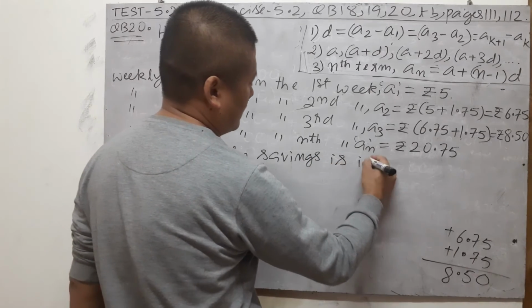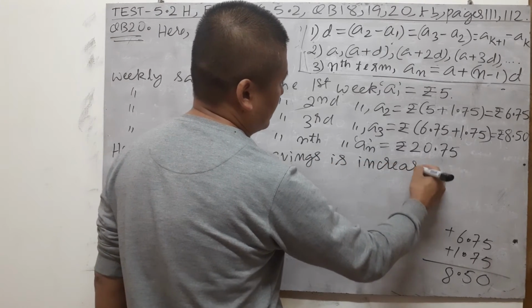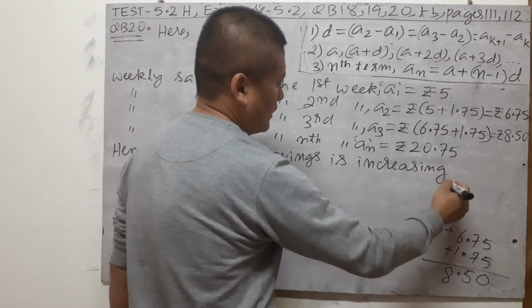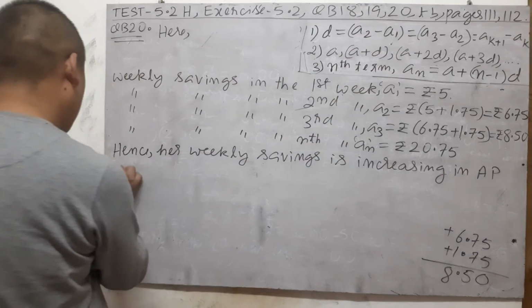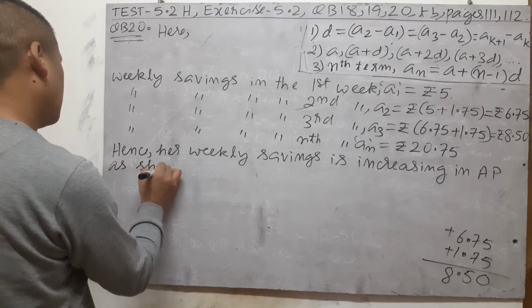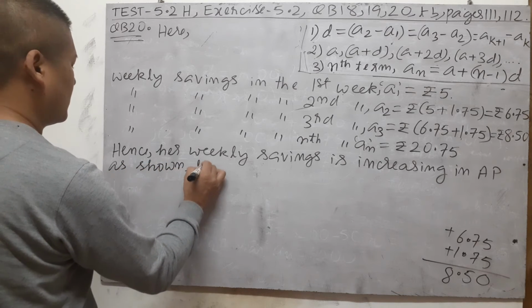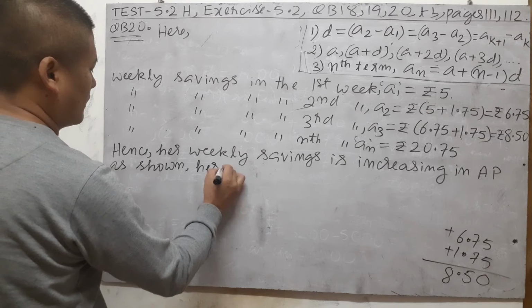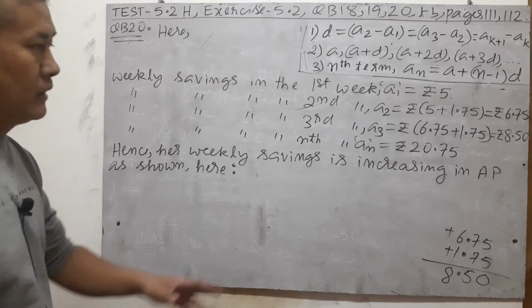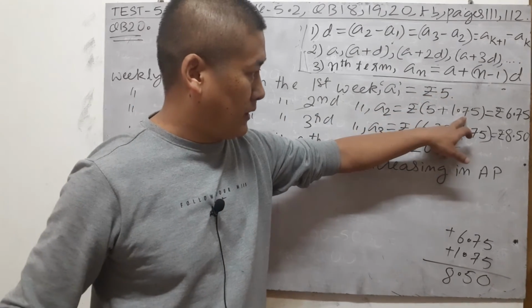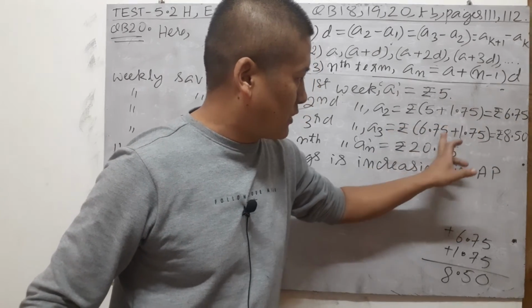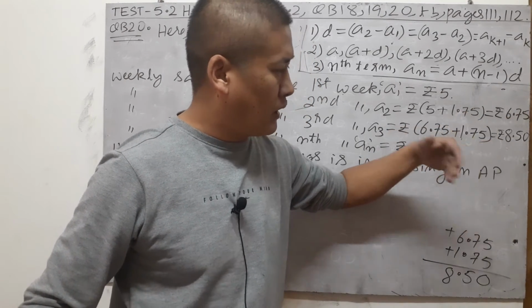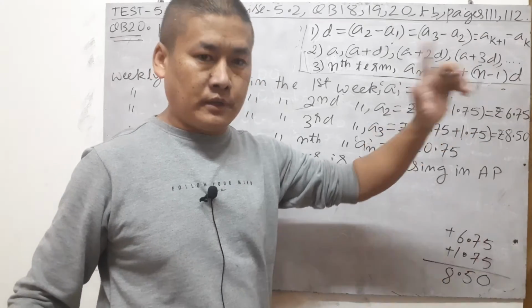is clearly increasing in equal amounts, meaning increasing in AP, as shown here. You can see 5 plus 1.75 is 6.75. Again 6.75 plus the same amount. So increasing by an equal amount means they have a common difference.